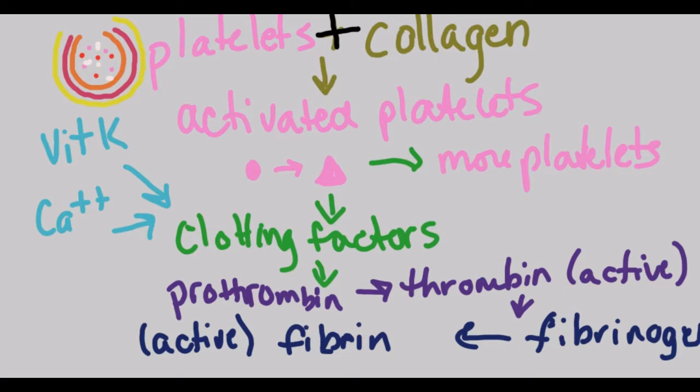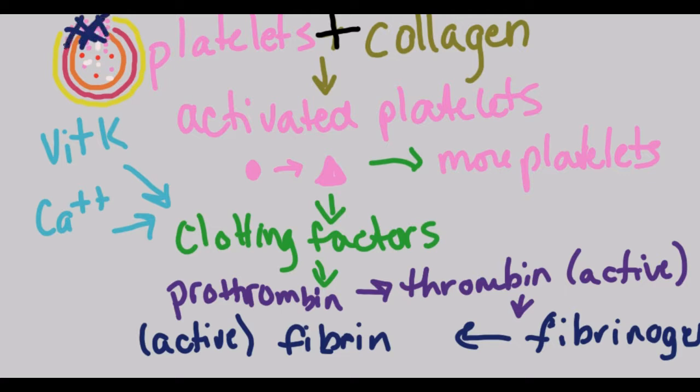And fibrin is the mesh that we get at the site up here. So the platelets all form up here because they're called up here by the ones that touch the collagen, and then you get the fibrin mesh.